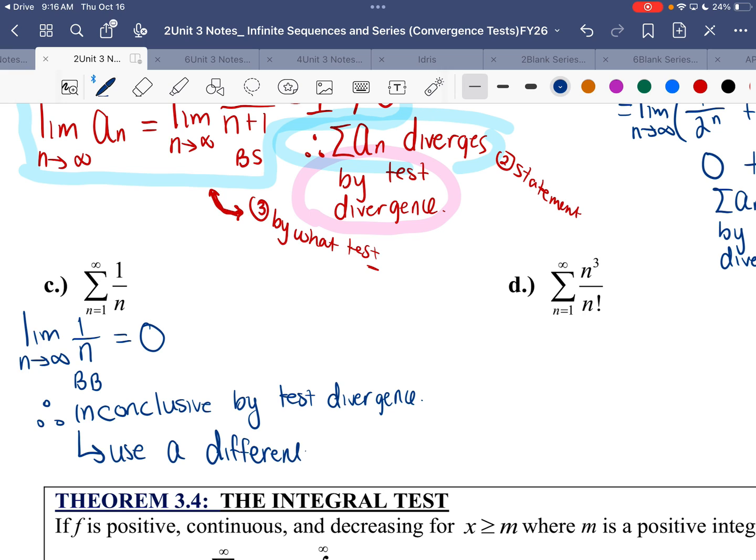You'd have to use a different test. This is a p-series, which we're going to do today, but we haven't gotten there yet. So we would just use a different test. So these are the moments with the test for divergence that you're like, sad. I have to do something else. That's a bummer.